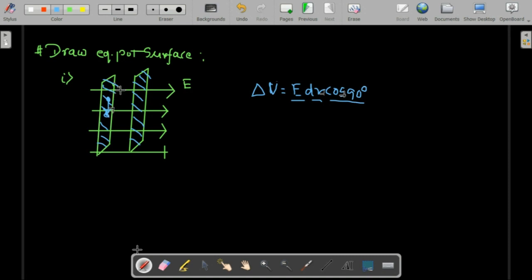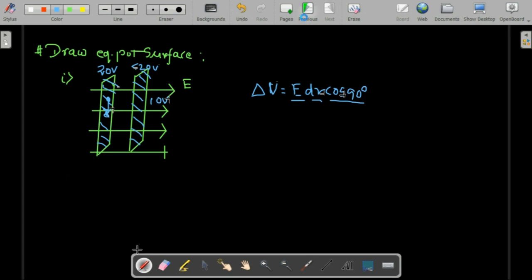Obviously it's an equipotential surface, but the potential will reduce along the direction of the field. So if this is, let's say, 20 volt, this has to be less than 20 volt, so maybe it will be 10 volt or something like that. So this concept has to be clear, very important.